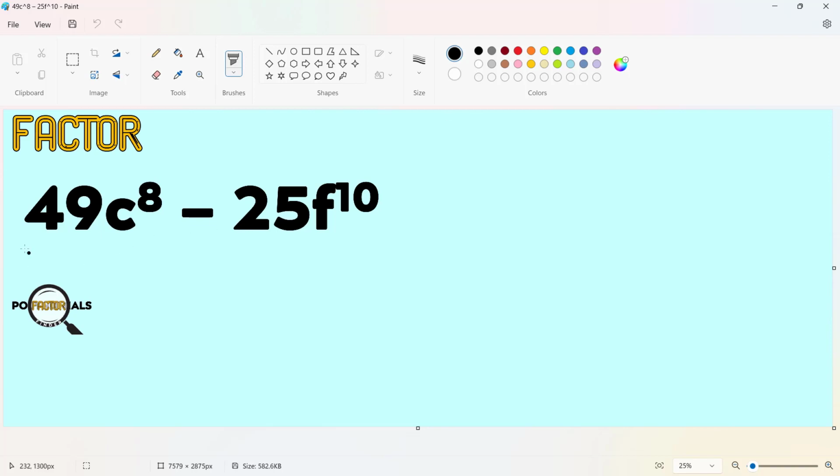Our numerical coefficients are 49 and 25. If we investigate further, we know that 49 and 25 don't have any other common factor or greatest common factor aside from 1. And 1 doesn't make our task easier because it will just be retained as it is. So we skip that one.